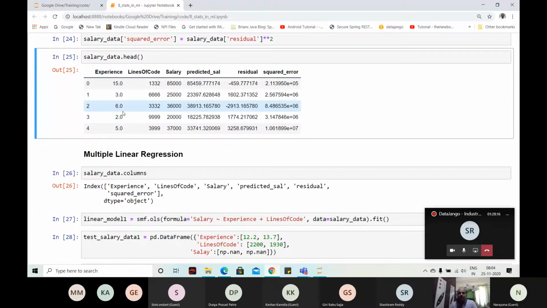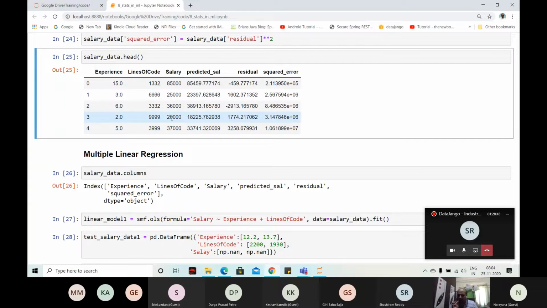The output variable is values between 0 and 1. The predicted value also is going to be between 0 and 1. When you take the difference, that is also going to be between 0 and 1. When you square it, it is going to reduce even more. 0.1 square is 0.01. 0.01 square is 0.001. So the squared error is not an appropriate measure when the y value is a small number between 0 and 1.